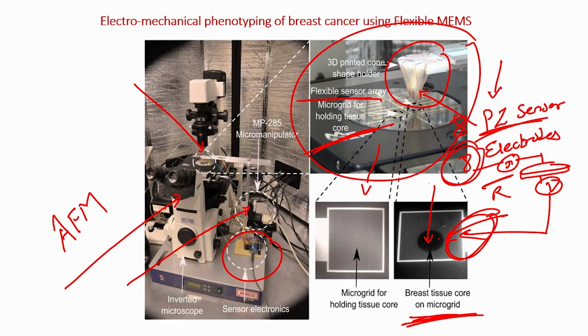Okay. So, I hope that you guys understood what we mean by designing flexible MEMS for applying in this particular area where you want to understand or delineate between normal and cancerous tissues. In the last class what we have seen, a piezoresistive cantilever that can measure the change in the mechanical properties of tissue.